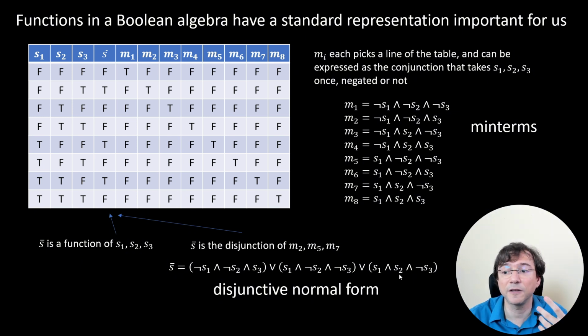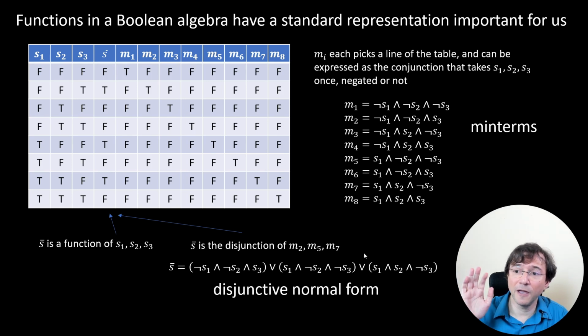And this is called the disjunctive normal form. This is going to be very useful later when we want to go from a statement representation of all these things to a set representation and recover things like topologies and sigma algebras. This is exactly the way to do it.